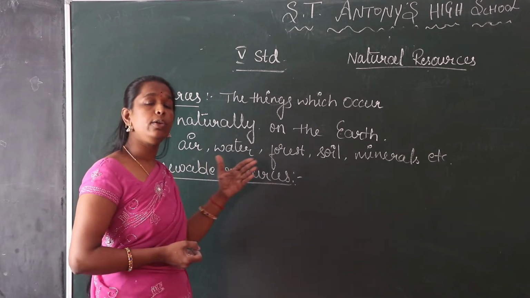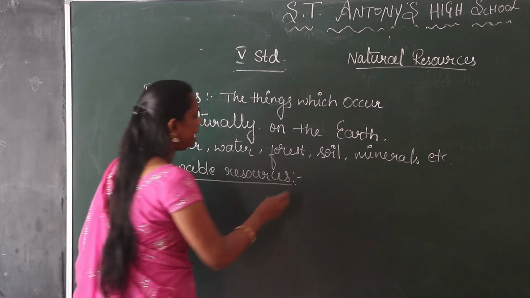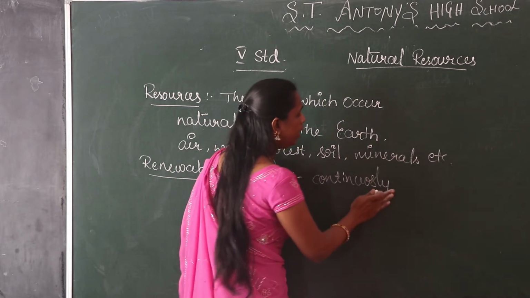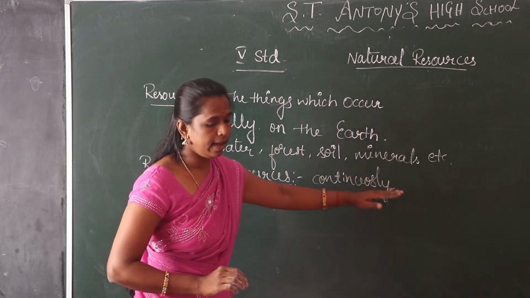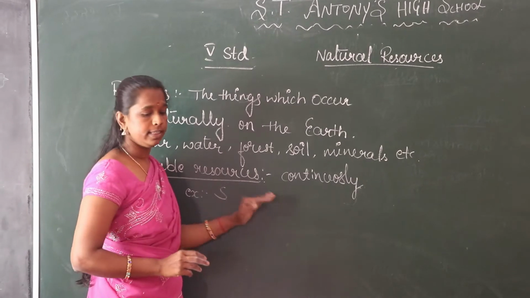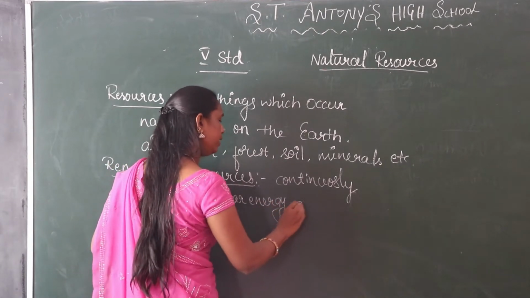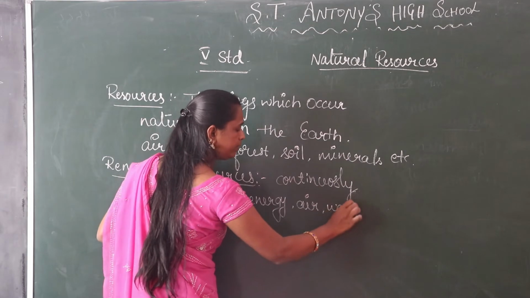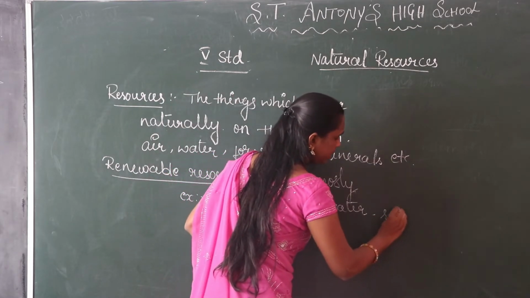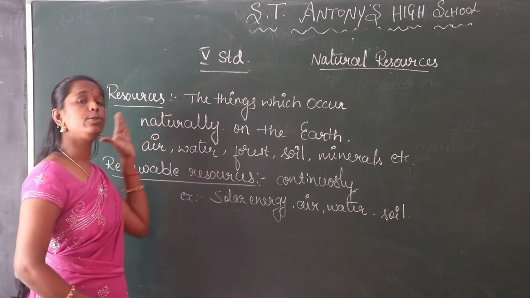Resources that will be available continuously over a human lifetime are renewable resources. For example, solar energy, which we get from the sun, air, water, soil, etc. Resources means the things which occur naturally on the earth.